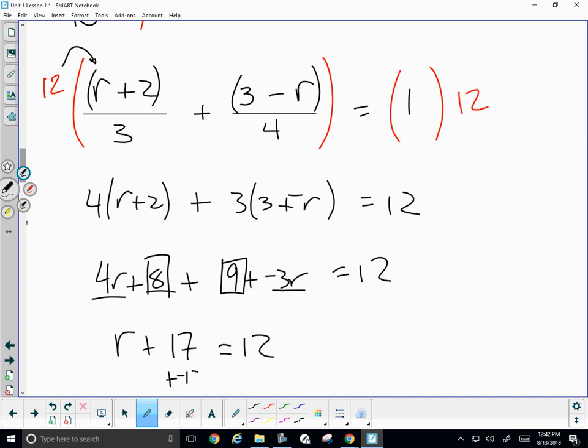Add the opposite to get rid of and solve. -5 plus 2 is -3. -3 divided by 3 is -1. 3 plus -5 is, or 3 minus -5, that's 3 plus a positive 5, which is 8. 8 divided by 4 is 2. 2 minus 1, boom, hit 1.